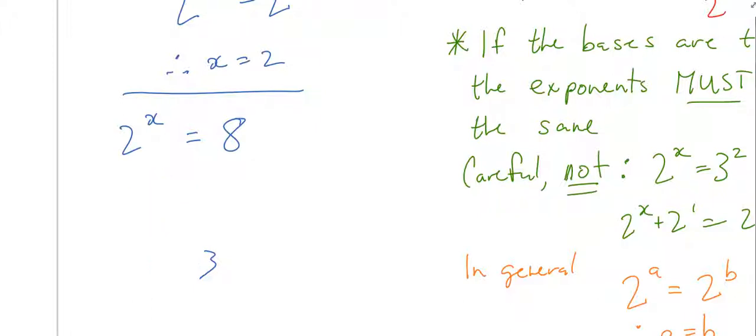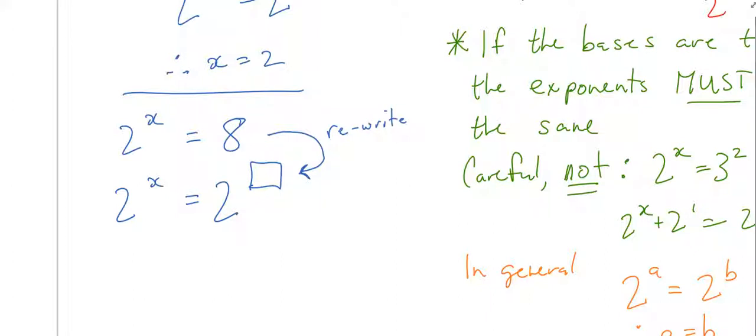So this is how we're going to write it. We're going to go 2 to the x equals 2 to the something. Okay, and I'm going to make myself a little note here in my note. Rewrite with base 2. Why did I pick 2?